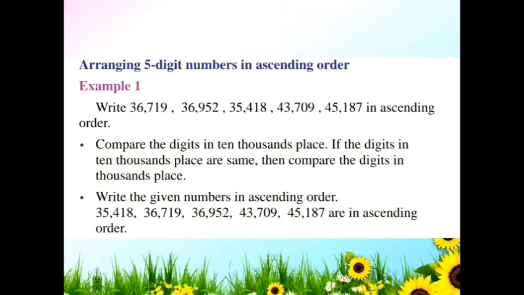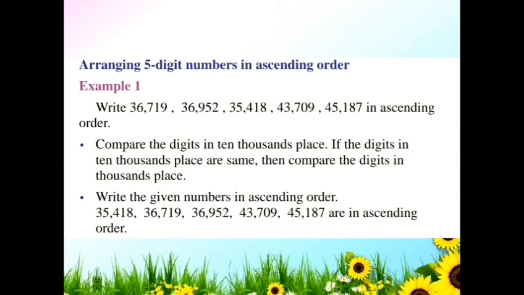If the digits in the 10,000s place are the same, then compare the digits in the thousands place. Next, write the given numbers in ascending order: 35,418, 36,719, 36,952, 43,709, 45,187 are in ascending order.